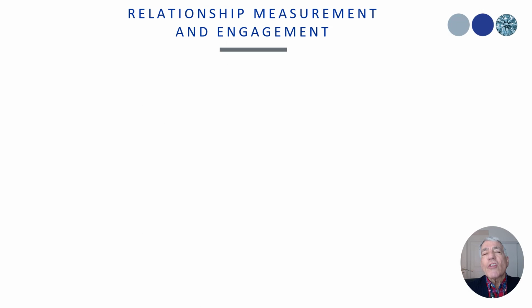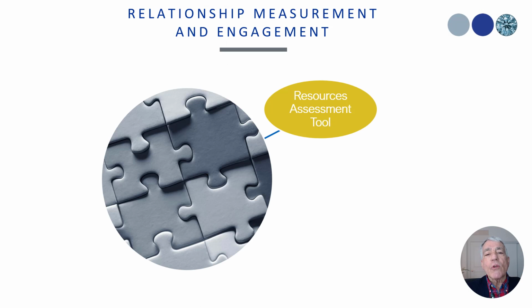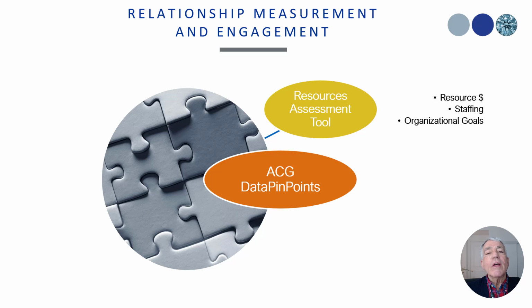And here is a summary. We gather a resource assessment tool. What resources do you have? What dollars do you have? What staffing resources do you have? The goals of your organization. Once we look at these key areas, then we can put that together with the database analysis that we do, in this case, which is the ACG data pinpoints.